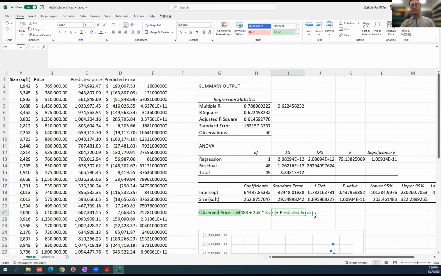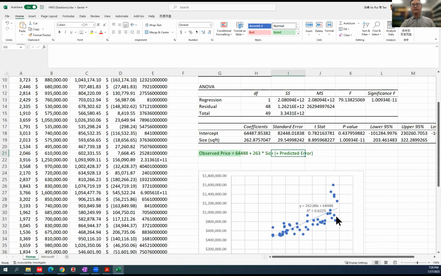And the last question corresponds to the residue. Residues is also known as predicted error. So you can call either of them to this part. As I illustrated earlier, because square footage cannot capture all the information required to understand the price, there's a difference between the observed price and the predicted price based on square footage.